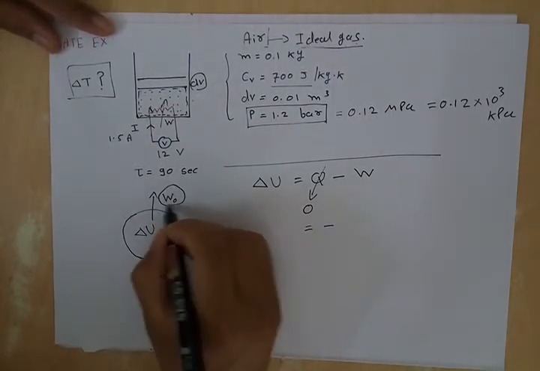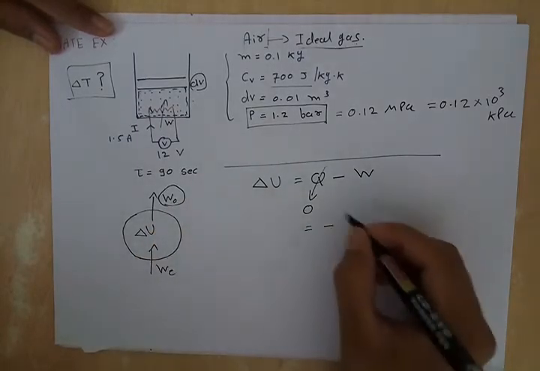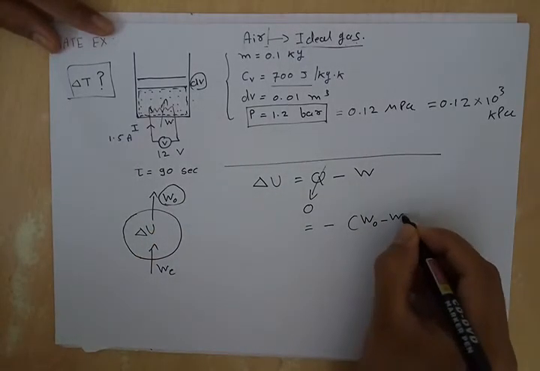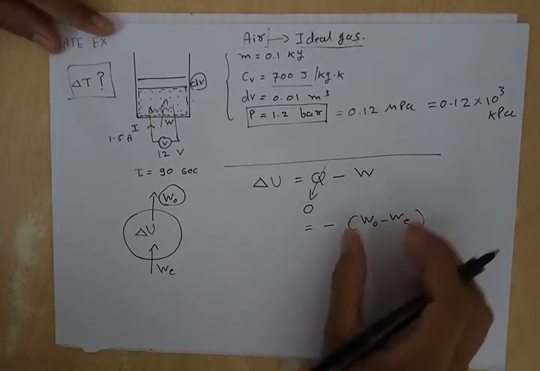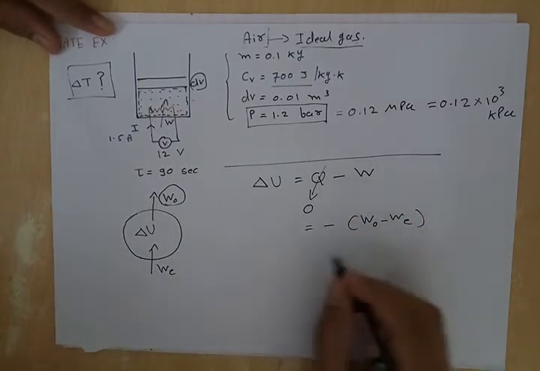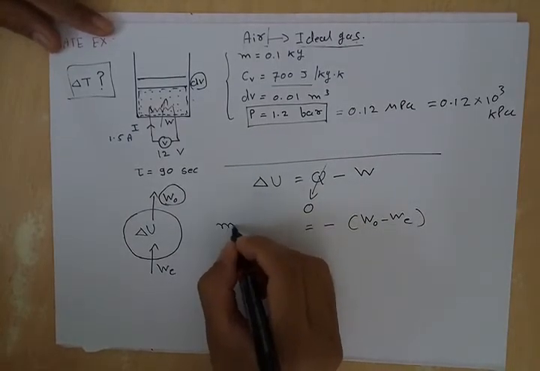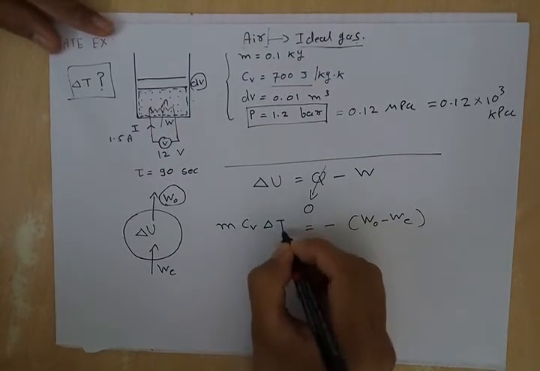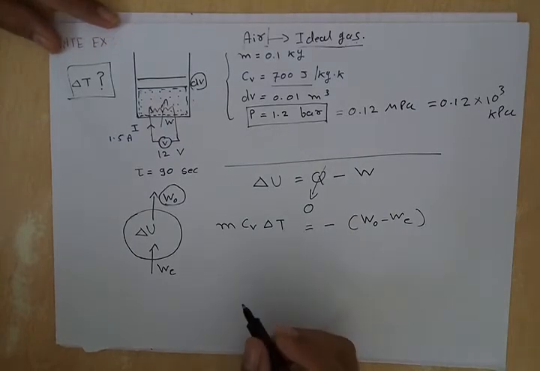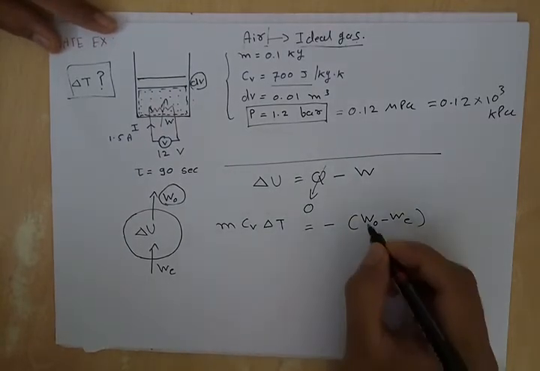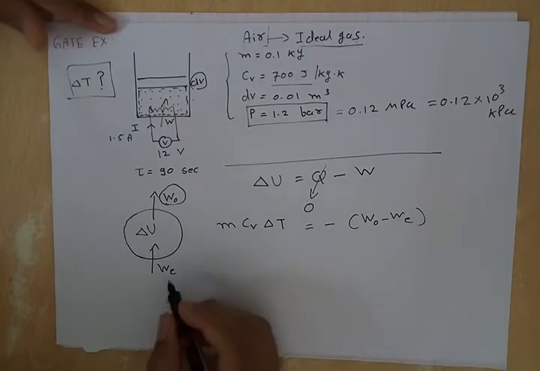So this is WO minus WE. This is the net amount of work which is done by the system. And delta U is equal to m CV delta T. Now we have to find WO and WE.